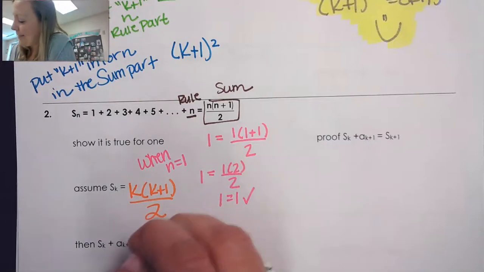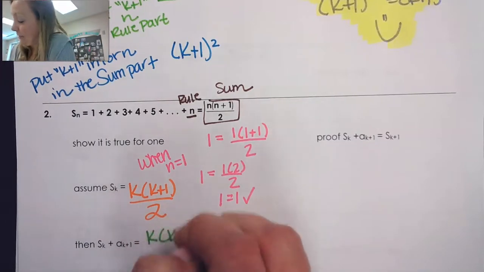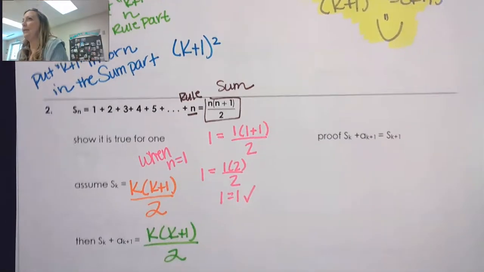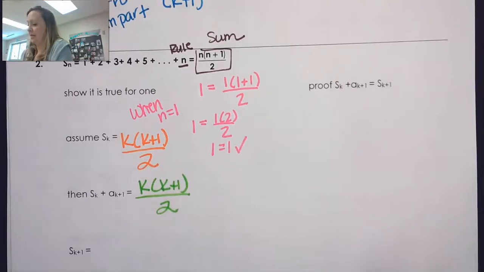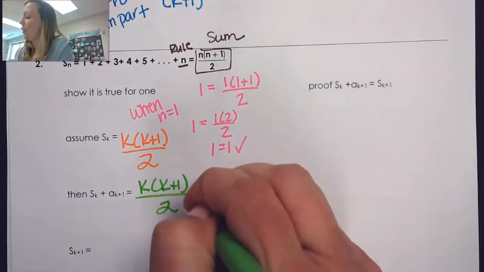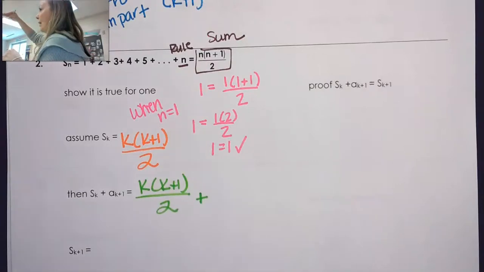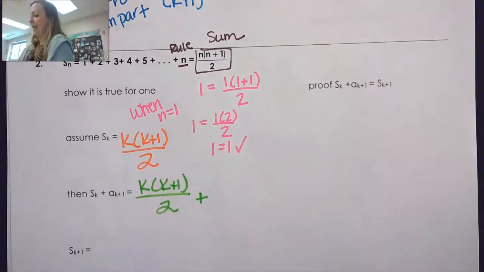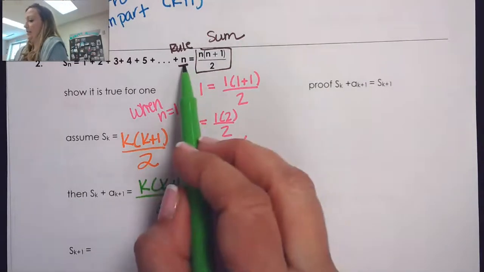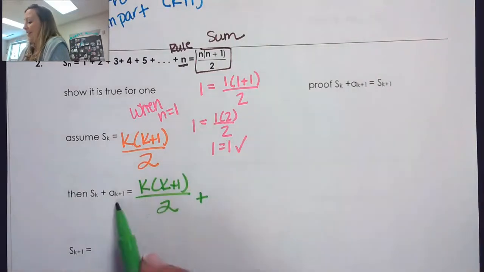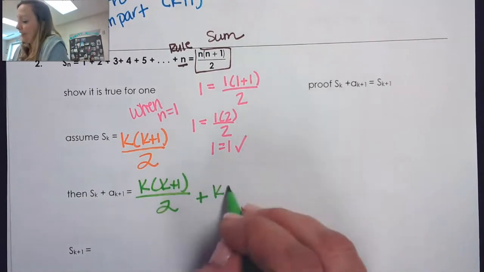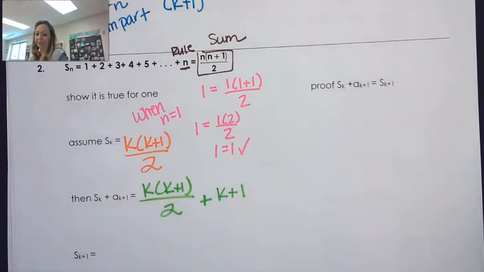So now I'm on that step, with k times k plus 1 over 2. But now I want to step up. So to step up, I'm going to add another term, which means I'm going to need to add this rule. But I want to add the next term. So that means I'm going to replace that with k plus 1.